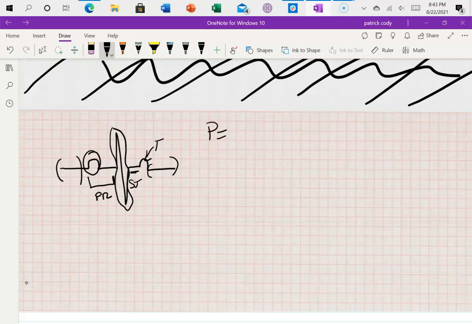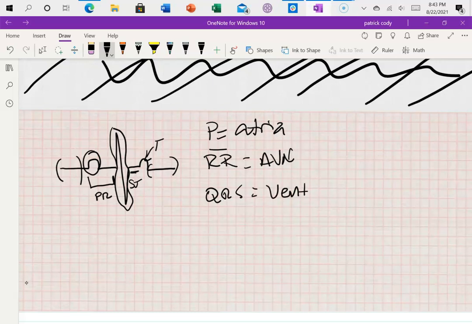So P wave is the atria. The PR interval essentially equals how is our AV node working. The QRS complex is the ventricular depolarization. The T wave equals ventricular repolarization.